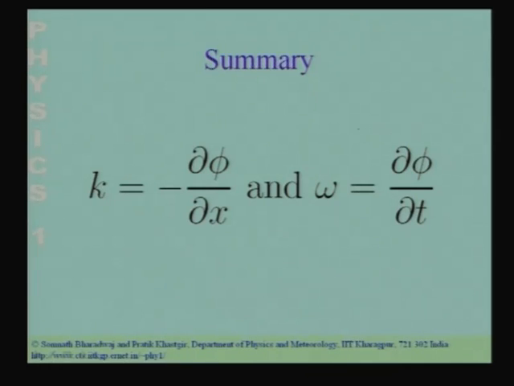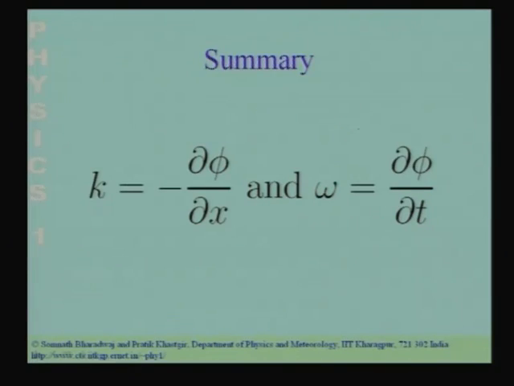Now, in summary, we see that the wave number tells us how the phase of the wave varies with position. It is the derivative, the rate of change of phase with position.